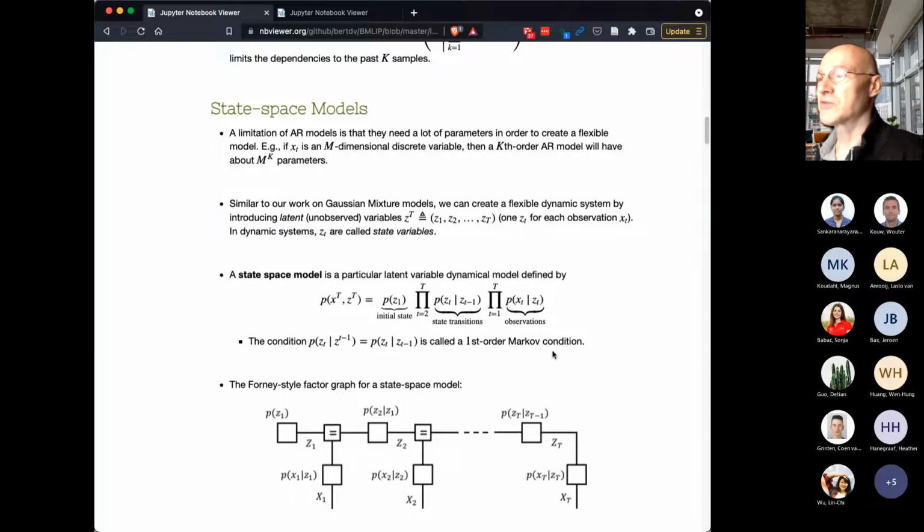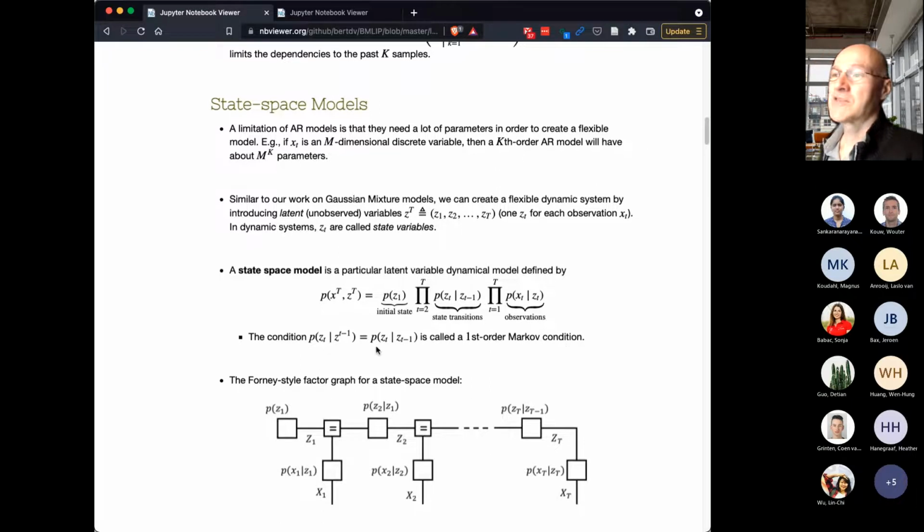This constraint is called the first order Markov condition. It's a very useful constraint. In the first exercises, we show that if you impose this constraint in your model, then given the present state, anything that you predict about the future is completely independent of the past. So you only need to remember the present state.